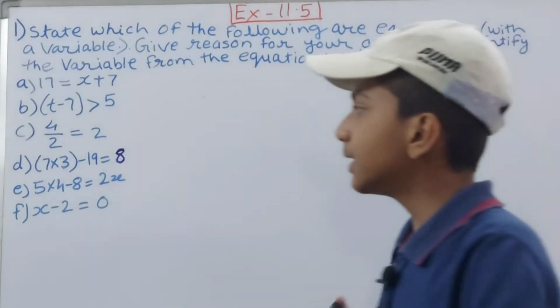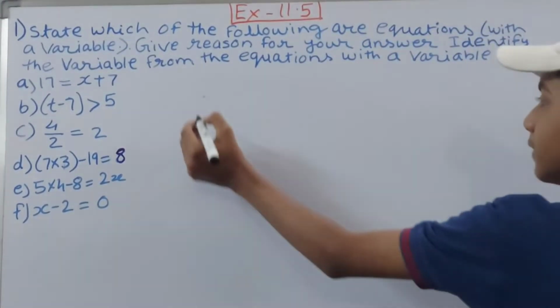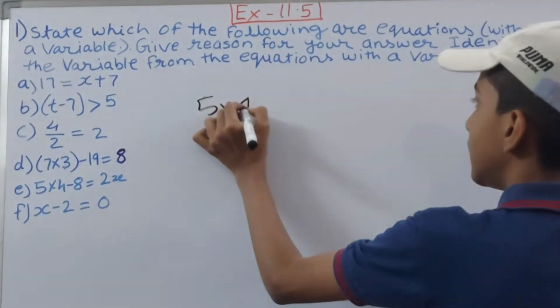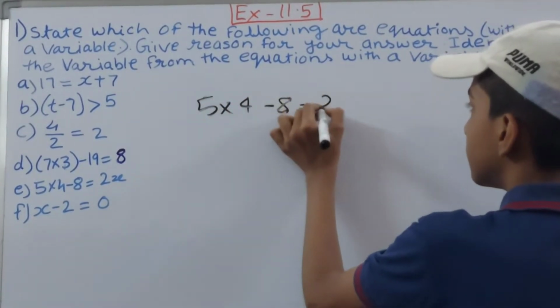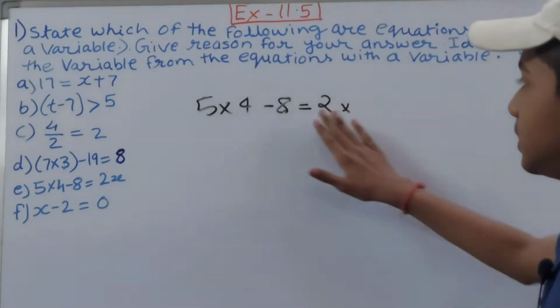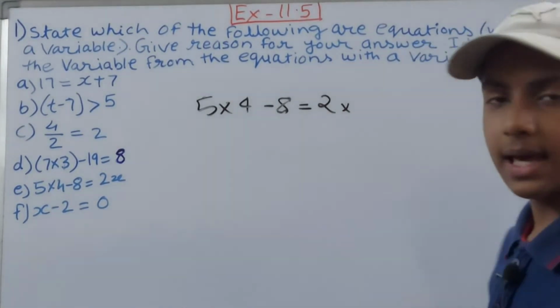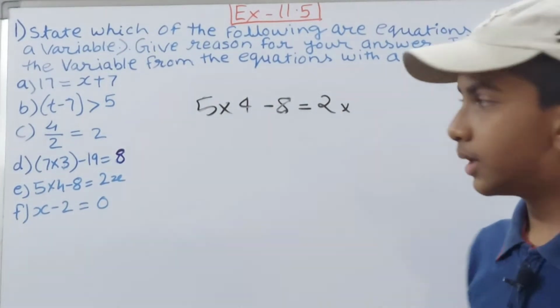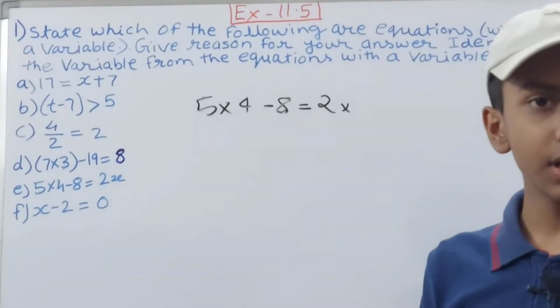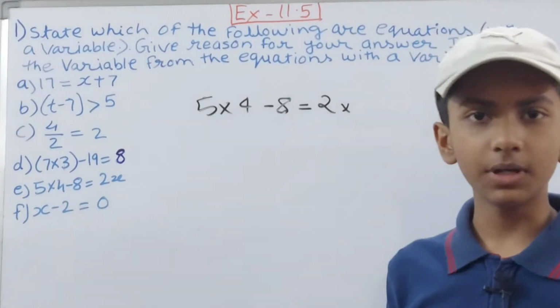Now let's see the next part. This is 5 into 4 minus 8 is equal to 2x. If you see here, there is an equal sign here also, and what you see is this x here, which is a variable. So that means it is fulfilling all the conditions for an equation with a variable.